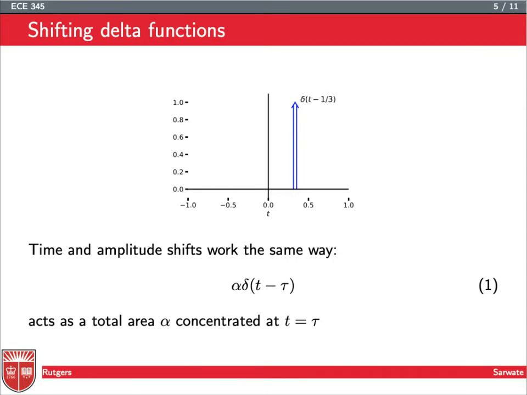And so that's exactly at t equals a third. So here we have a third. If you want to multiply by a constant alpha, then you're going to essentially make that unit area equal to an area alpha. And so alpha can be, of course, greater than 1 or less than 1. It can also be negative if you want to think about the delta function going below the axis.